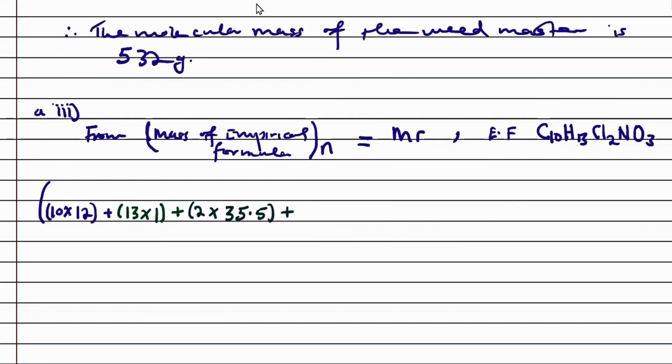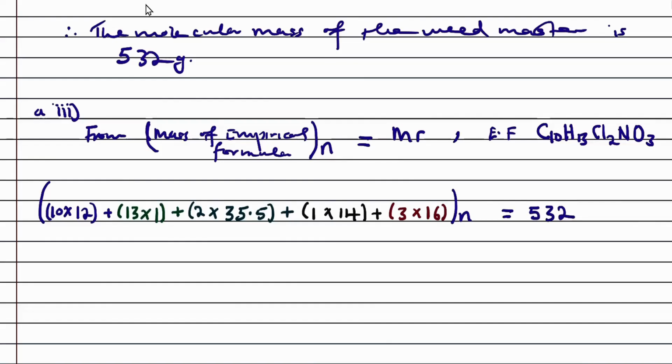Then plus nitrogen, 1 atom multiplied by the RAM of nitrogen, which is 14, plus oxygen, 3 atoms multiplied by the RAM of oxygen, which is 16. So the whole of this is multiplied by n, then should be equal to our molecular mass, which is 532.